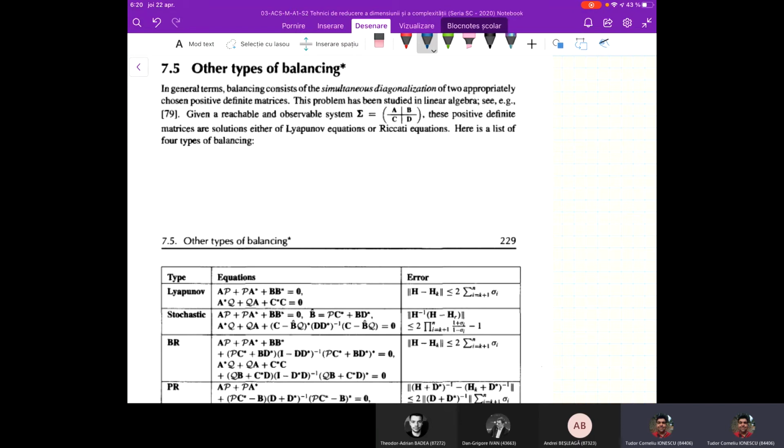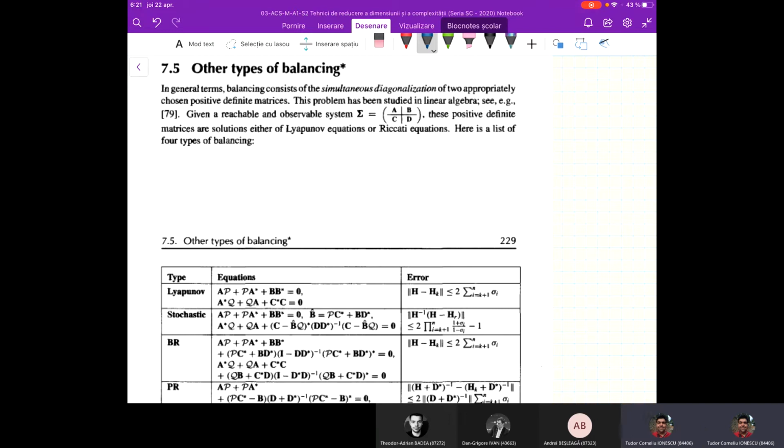Hence the question is, can we design balanced truncation algorithms in order to preserve these specific properties for unstable, for dissipative systems, and so on? And the answer is yes. There are many variants of balanced truncation algorithms suitable for different classes of systems.